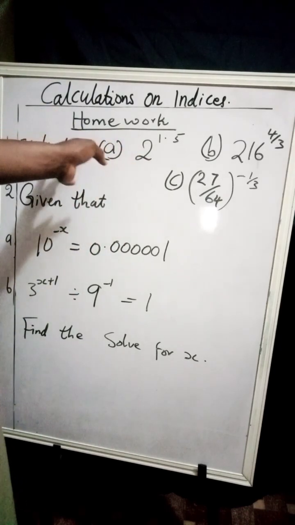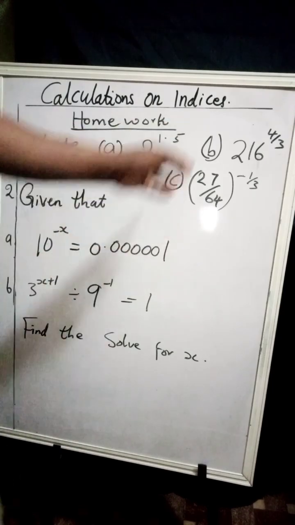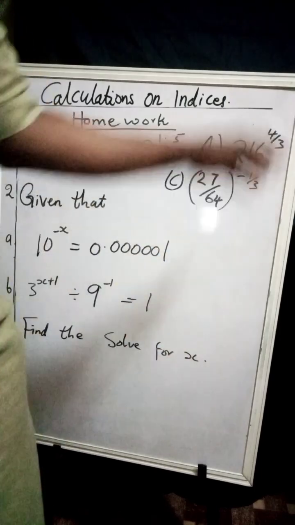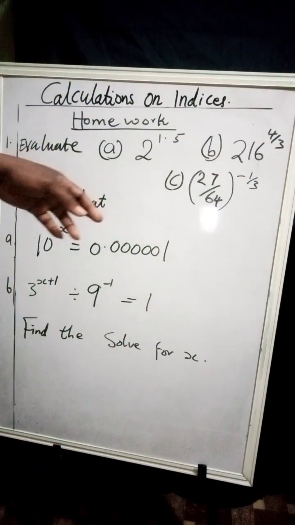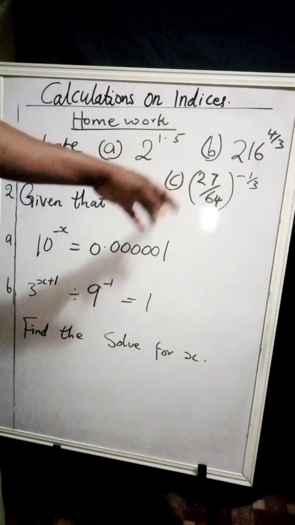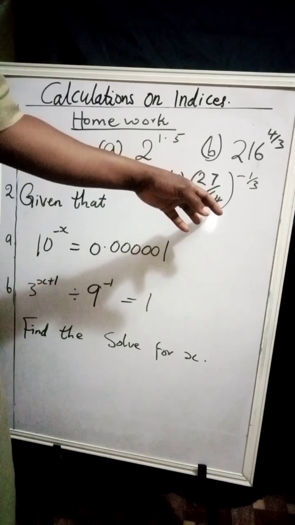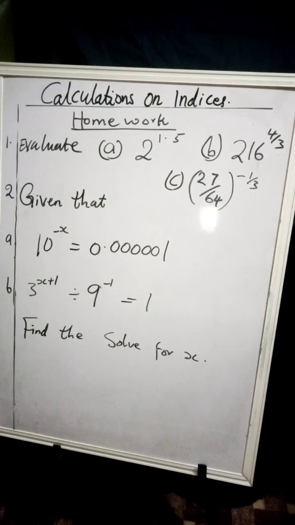The first one says evaluate 2 to power 1.5. B, 216 to power 4/3. Then C says 27 divided by 64 to power negative 1/3. 2.